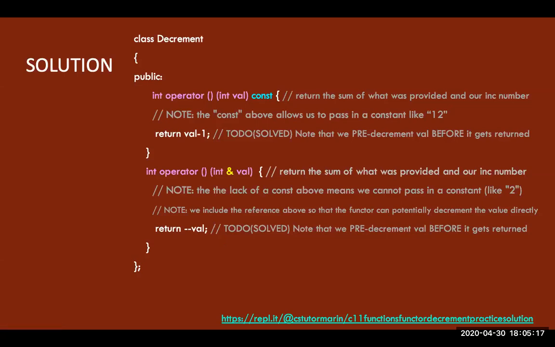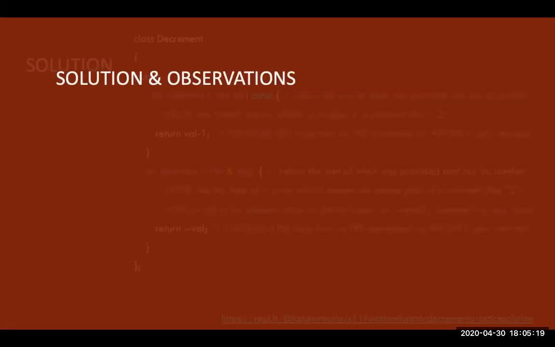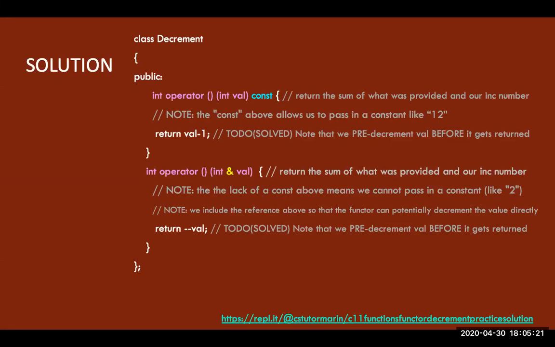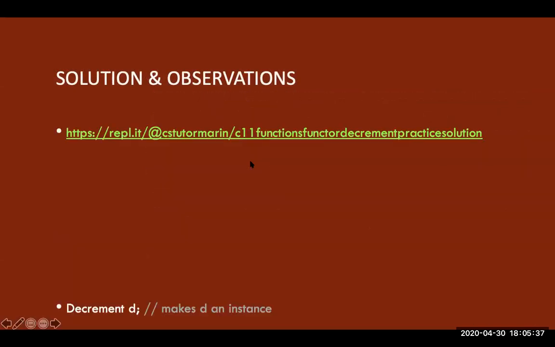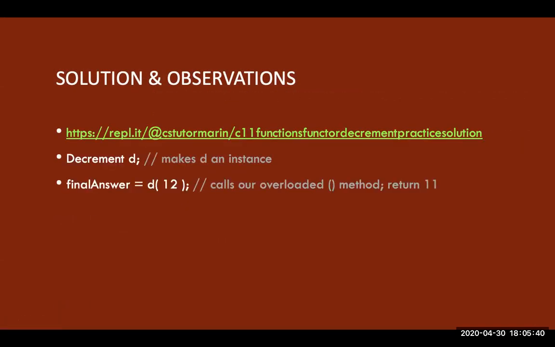And that allows us in main to invoke that call in two different ways. If any of you looked at the solution, you see in main, we can call our instance name with a constant integer, or we could pass in the variable as well and have it change. So our final answer equals D(12).